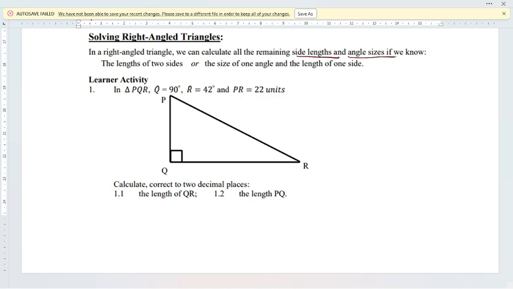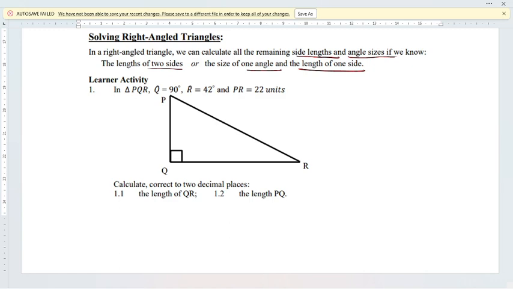Okay? But here we're always going to have only grade 10, where we have only right angle triangles. If it's not a right angle triangle, grade 10, please don't attempt to answer that. Just leave it, it's not yours. Right now, they're saying the length of two sides, or the size of an angle and the length of one side.